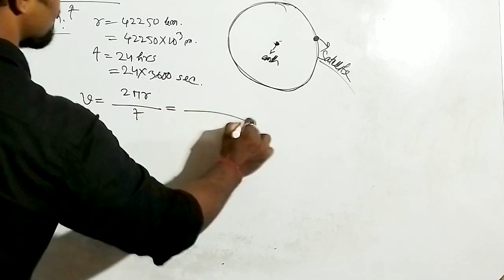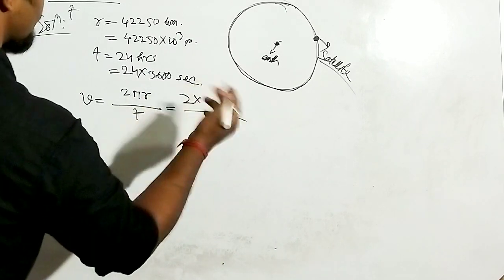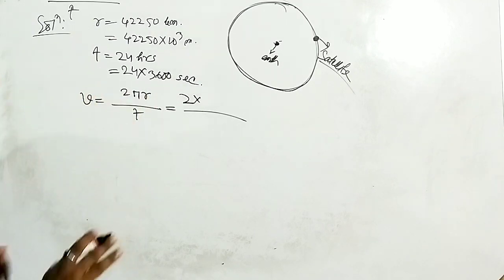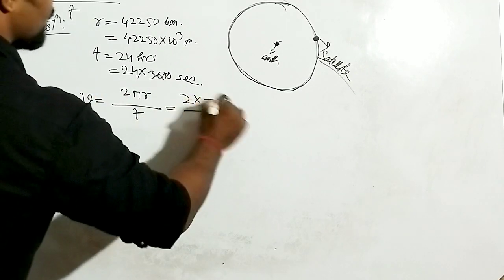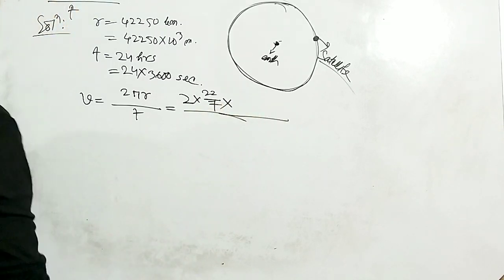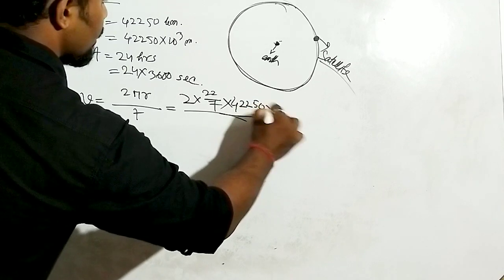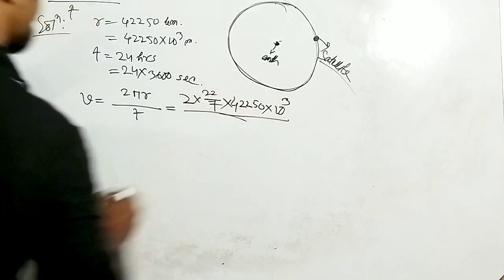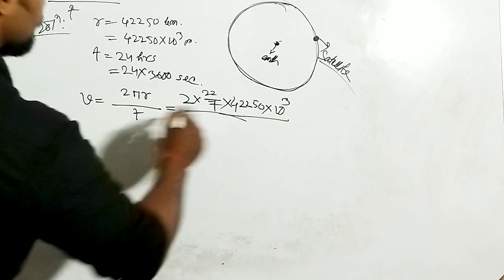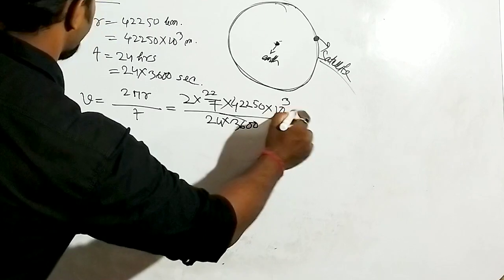Now put the values. 2 into pi, you can keep the pi value as 22 by 7, into r, which is given as 42250 into 10 to the power 3. Now what is the time given? 24 into 3600.